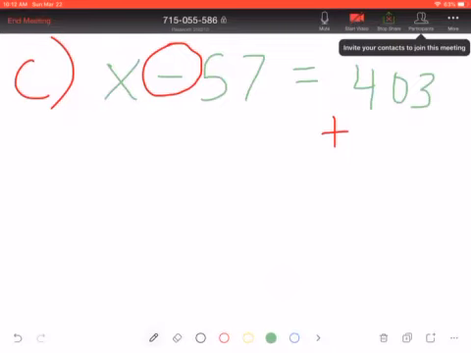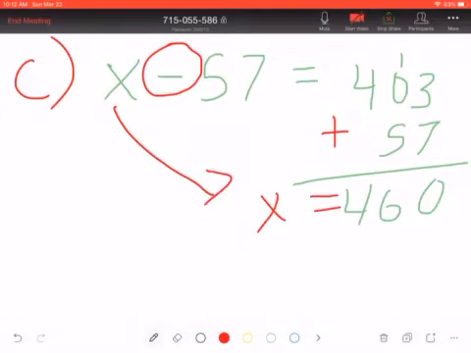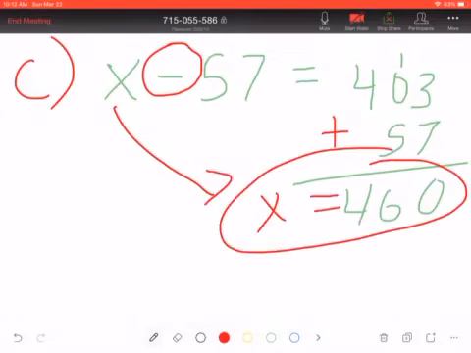So we'll add that 57 over here. That should give us 460. So we can simply bring this x down and say x equals 460. So now we know there are 460 students that attend Xavier Middle School.